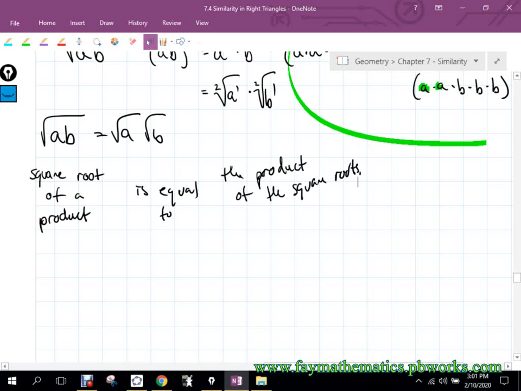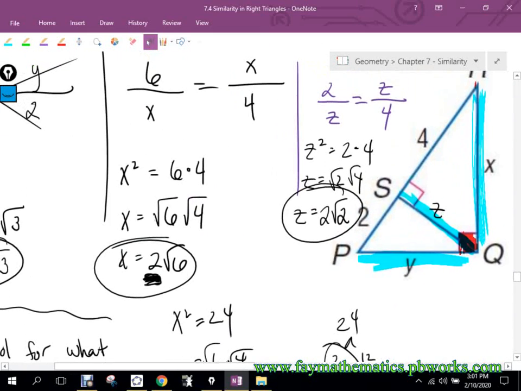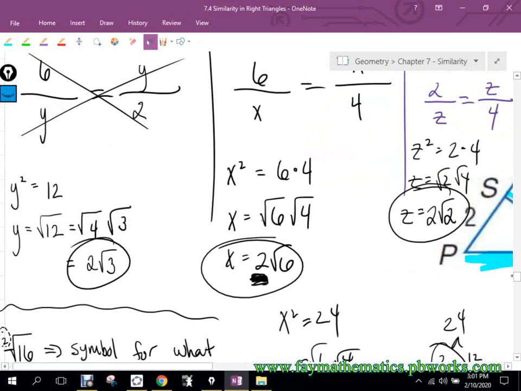The square root of a product is equal to the multiplication of those 2 square roots. So you're allowed to separate them that way. That is going to be critical for us being able to simplify these radicals. Okay?